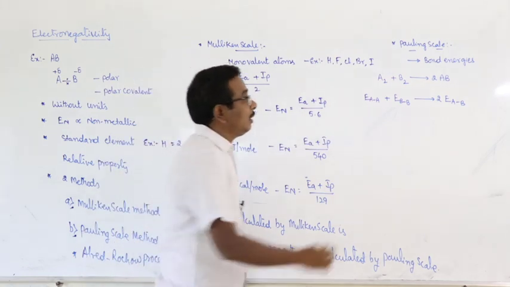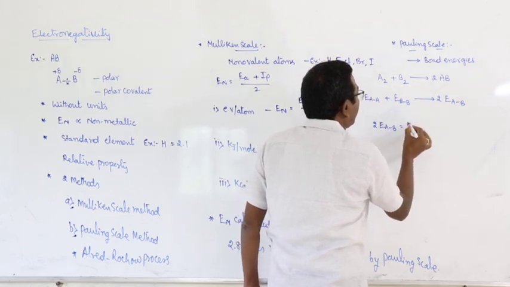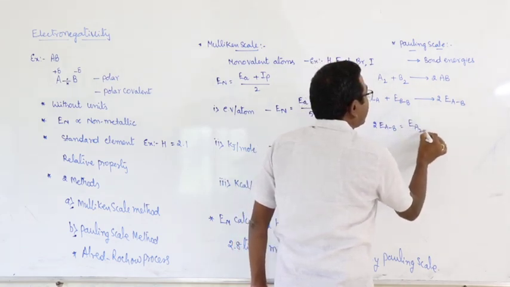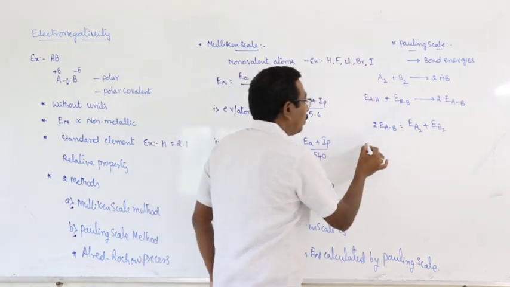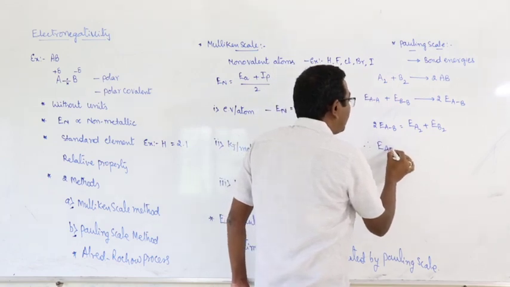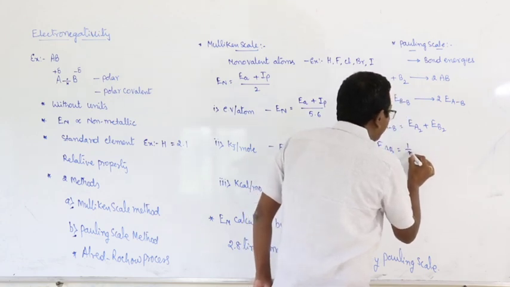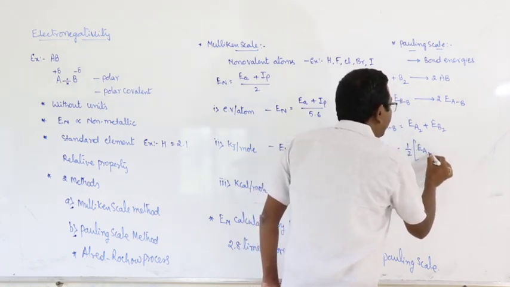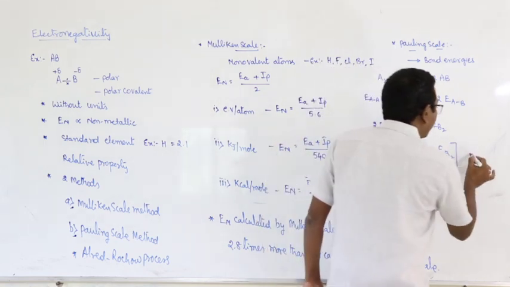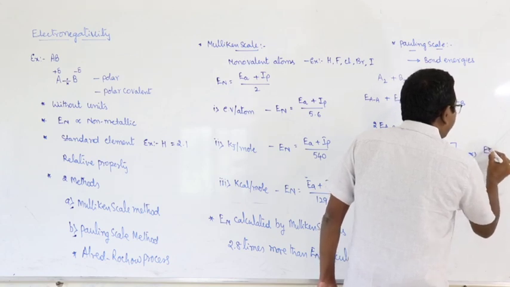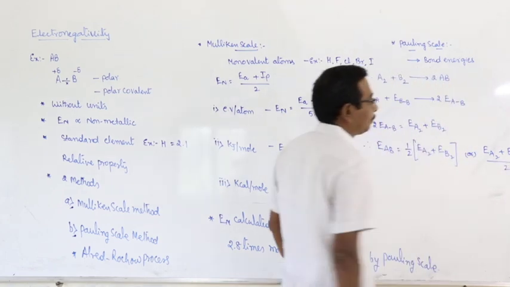From this expression, the energy of two AB molecules equals the sum of the energies of A2 plus B2. Therefore, energy of one AB molecule is equal to half into EA2 plus EB2, or EA2 plus EB2 by 2.